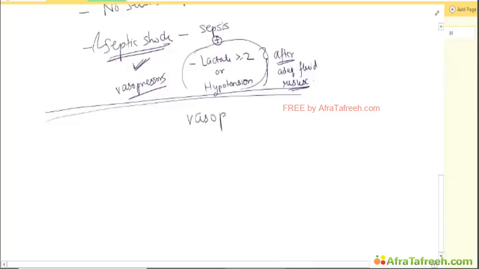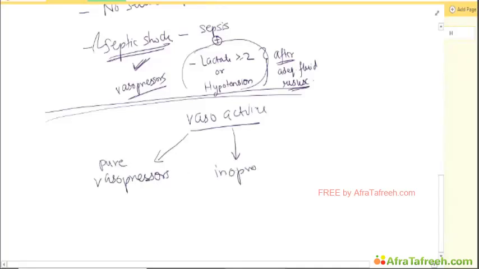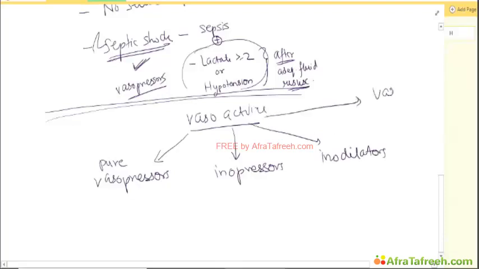Okay, so the vasoactive agents could be vasopressors, pure vasopressors I would say, inopressors, inodilators, or vasodilators.